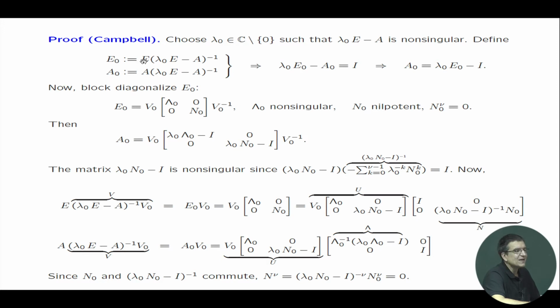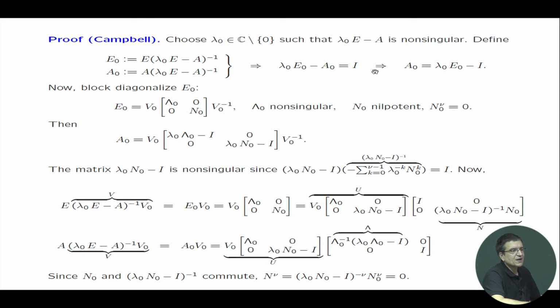We then get lambda 0 times E minus A multiplied with the inverse of this matrix. So if we multiply here a factor lambda 0 and then subtract here the second term, then we get just a product of a matrix and its inverse, so we get identity.